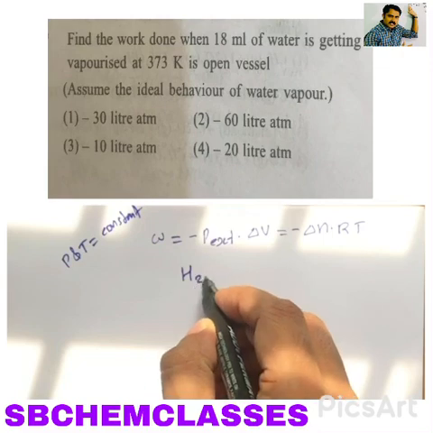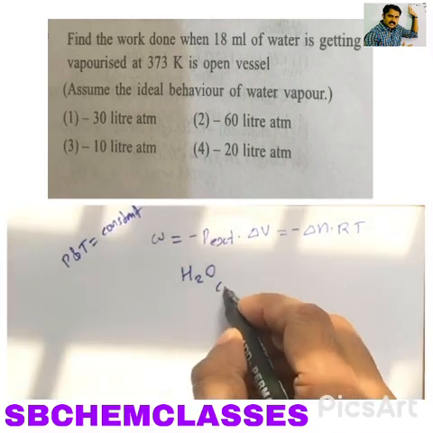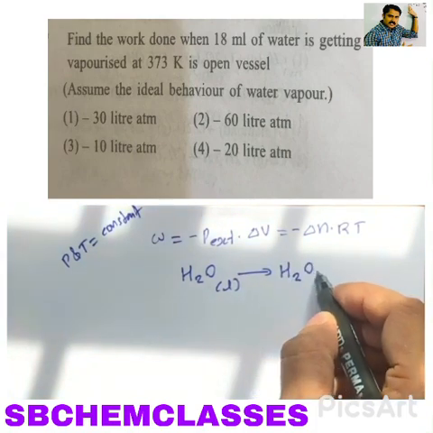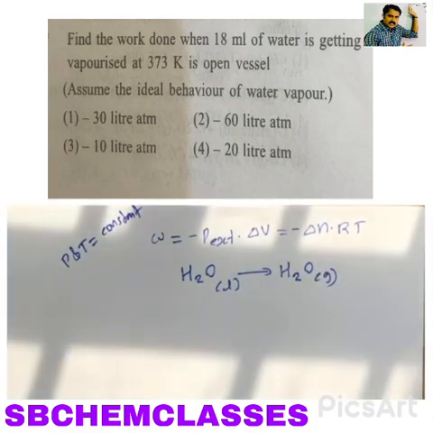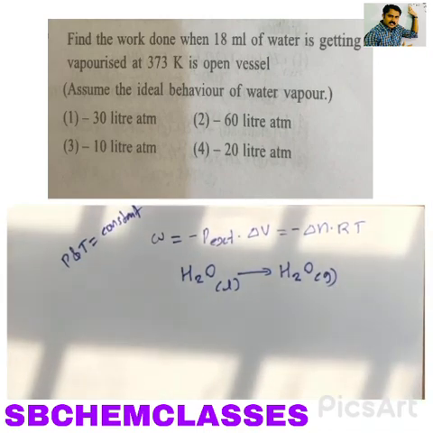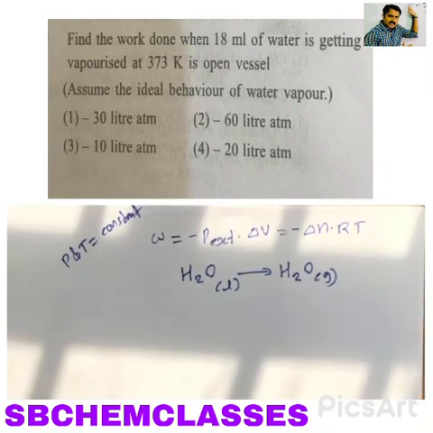Here the indication is about vaporization of water. So H2O liquid is converted to H2O gas. In this reaction, delta n is the change in number of moles, R is the universal gas constant, T is the absolute temperature. Here 18 milliliter water is given.